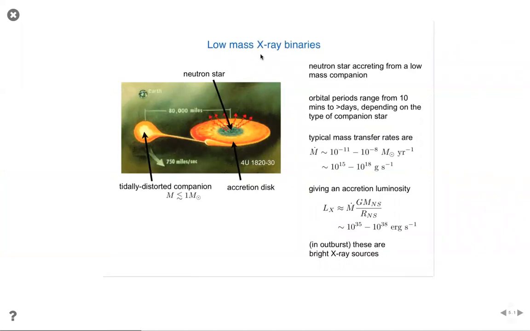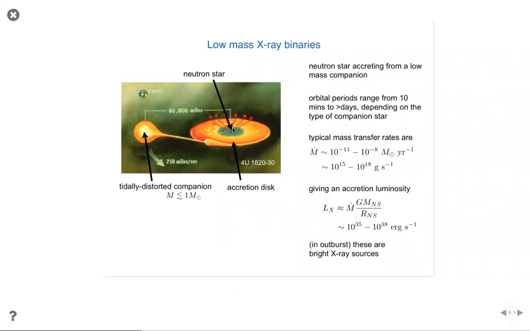Now let's talk about the low-mass X-ray binaries. This is a case when a neutron star accretes material from a low-mass companion. Here in this picture on the left is the secondary star, which is a low-mass non-degenerate star, a normal star, which donates material to the neutron star.